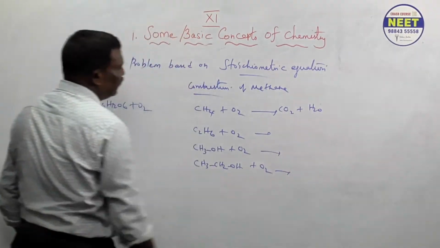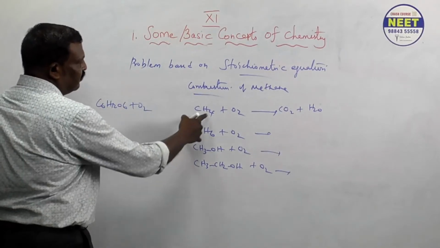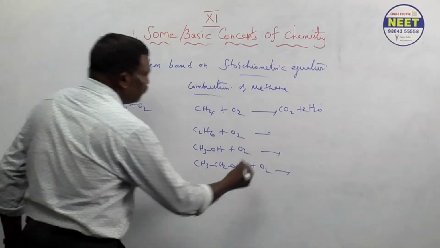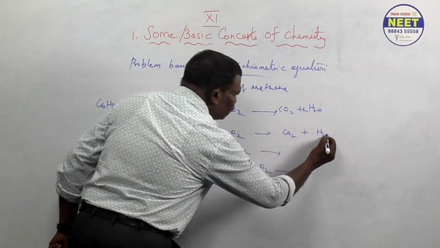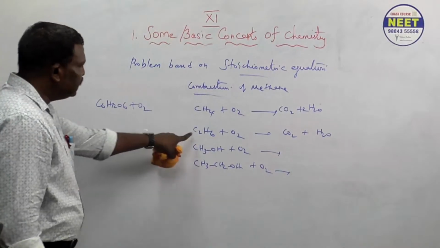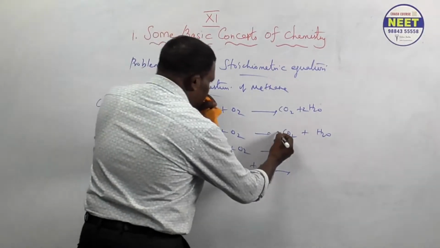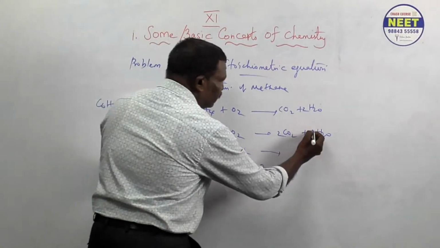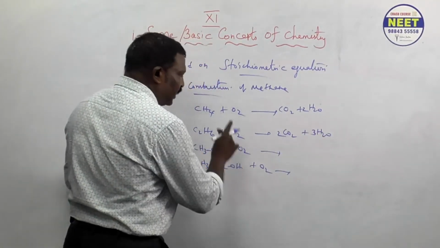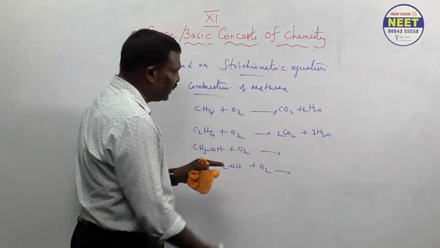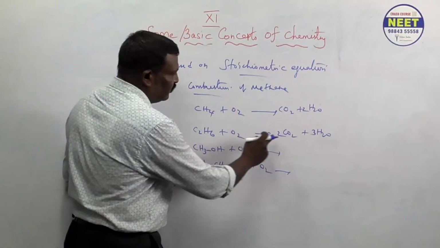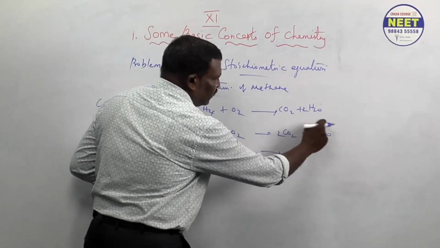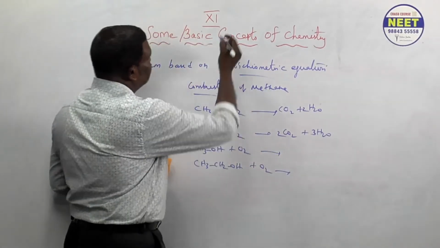Only one compound I balance: C2H6. At last we find out oxygen always. 2 into 2 is 4, 4 plus 3 is 7. Clear? 7 is an odd number.